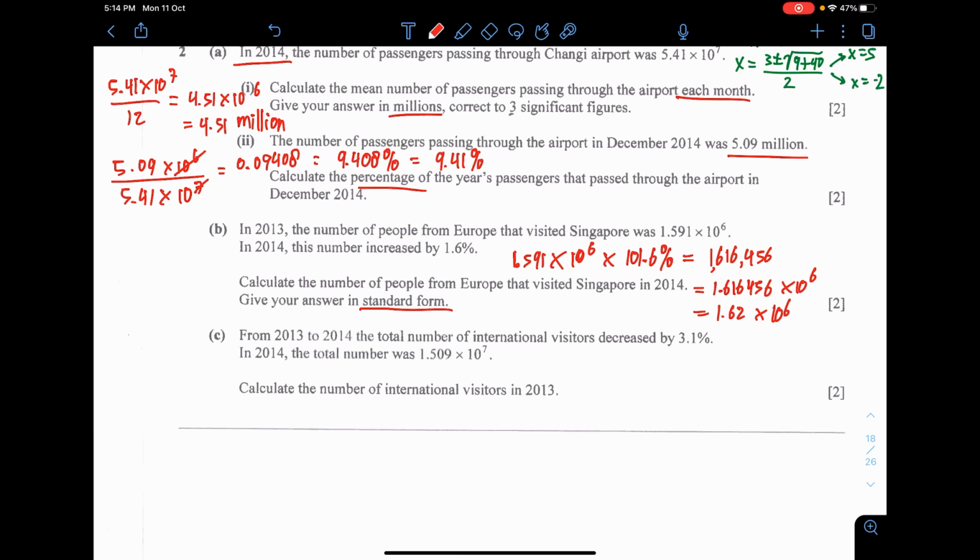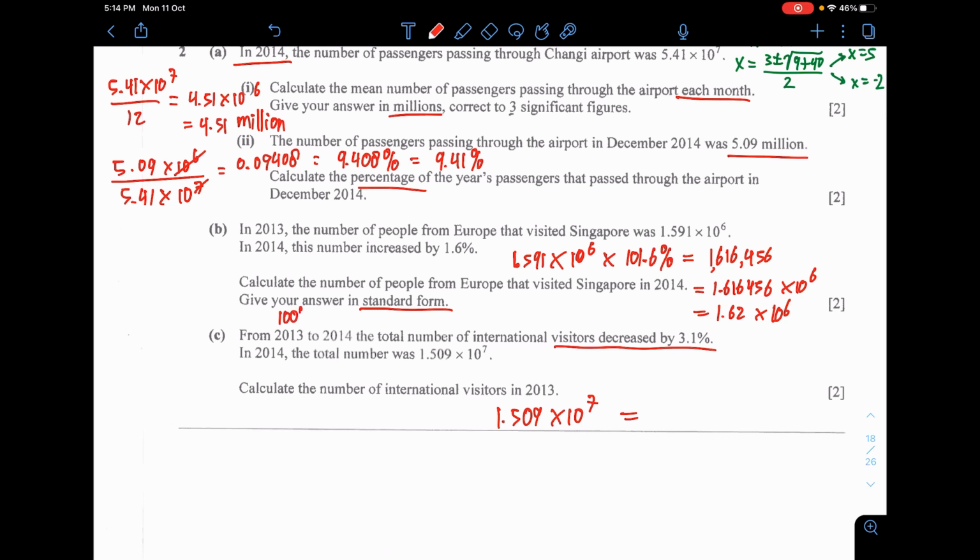From 2013 to 2014, the total number of international visitors decreased by 3.1%. In 2014, the total number was this amount. So there is a drop, and after the drop, this is the number of visitors. That means this figure, 1.509 times 10 to the power of 7, is equal to the decreased amount.